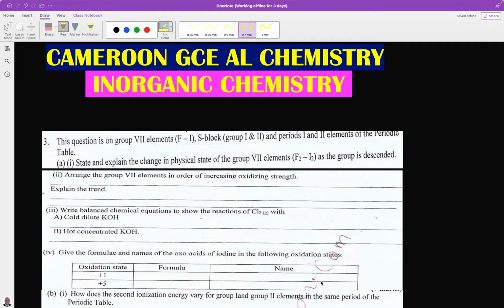So we have to state which they belong to. From fluorine to iodine, there is a change in the physical state. So in this question particularly, the physical state of the element down the group changes from gas, that is fluorine and chlorine, to liquid, that is bromine, and to solid, that is iodine.